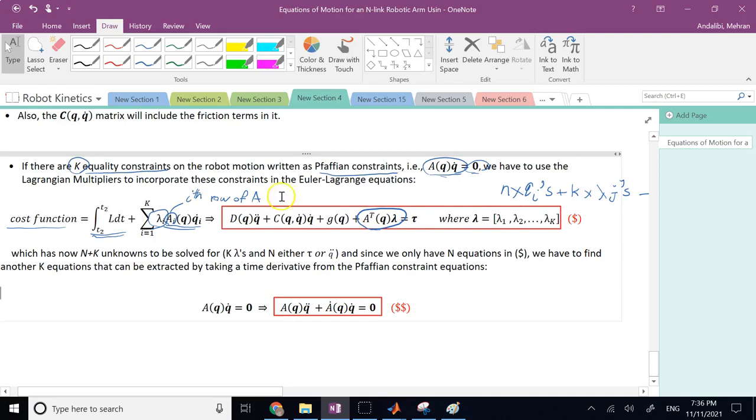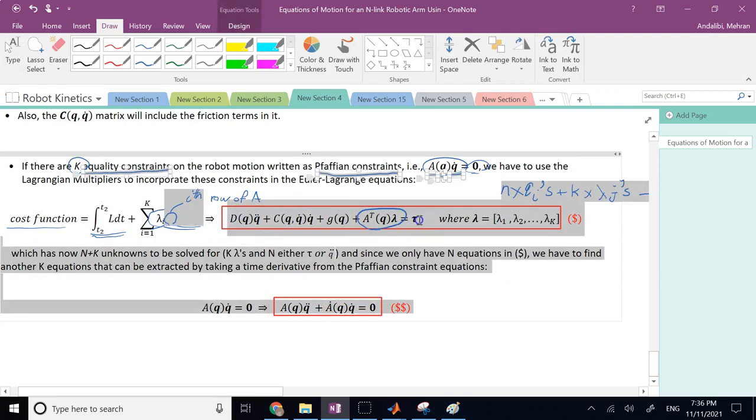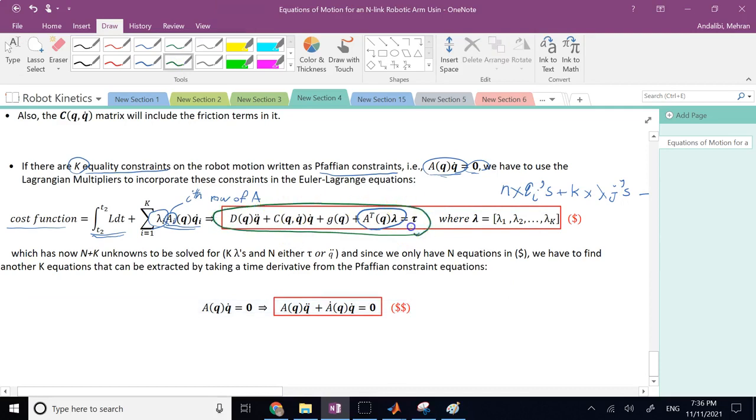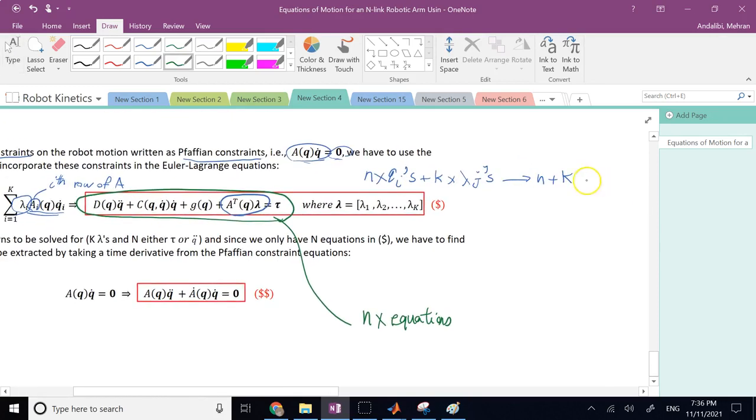Okay? And now, how many equations will you get? Well, these equations are over q's, so definitely here you are going to have n equations. So these terms that you see here are going to be n equations. And you have n plus k unknowns.